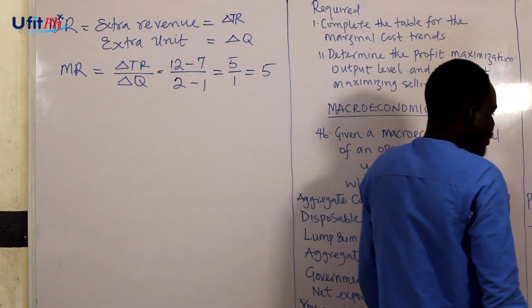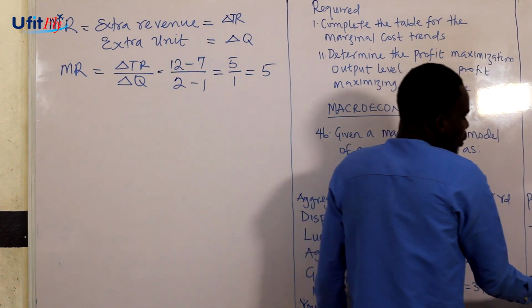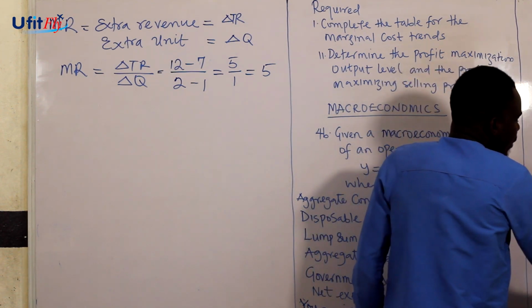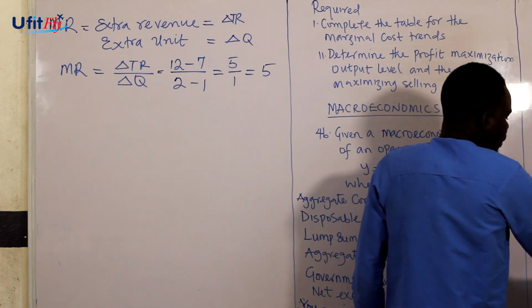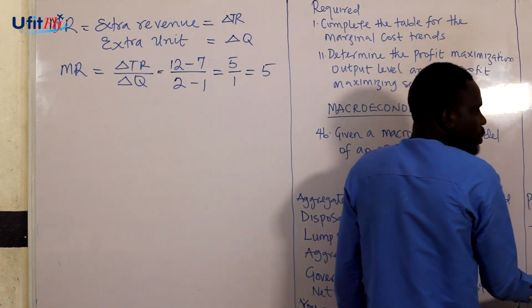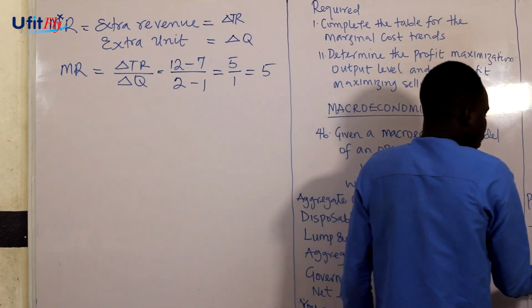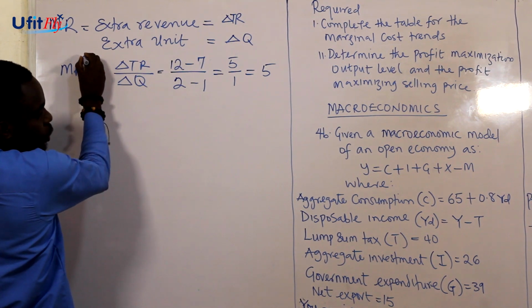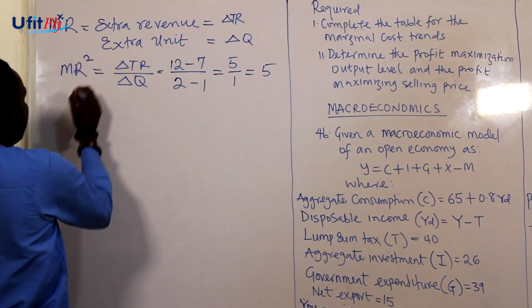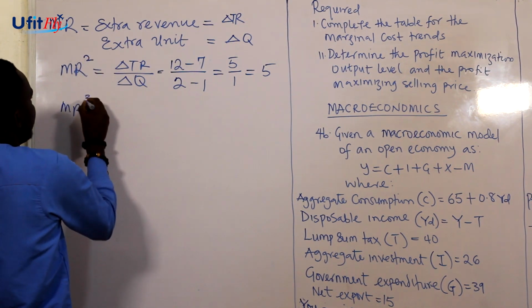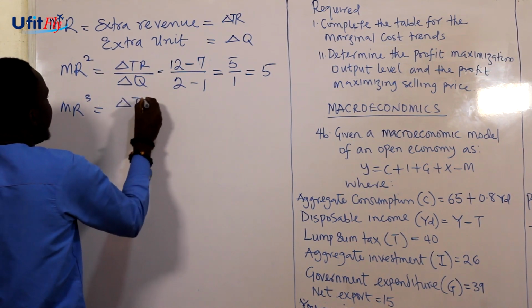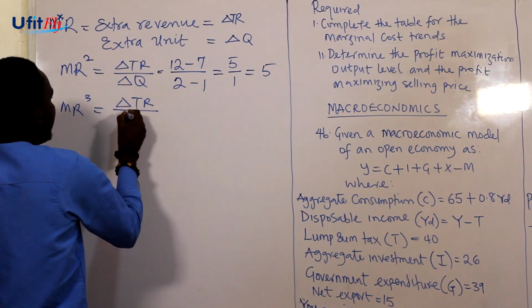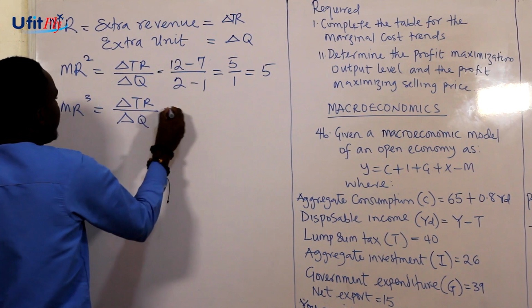Let's go to the third unit. As at the time the third unit was produced, the total revenue is 15, and the change is 15 minus 12, which is the change in total revenue by producing the third unit, which is 3 minus 2. So the marginal revenue for 3 is change in total revenue divided by change in quantity.